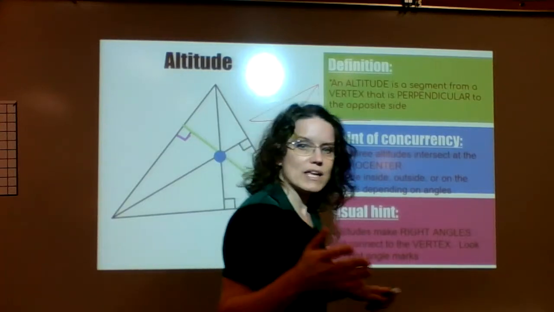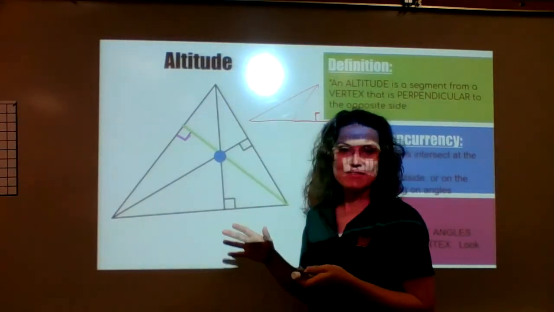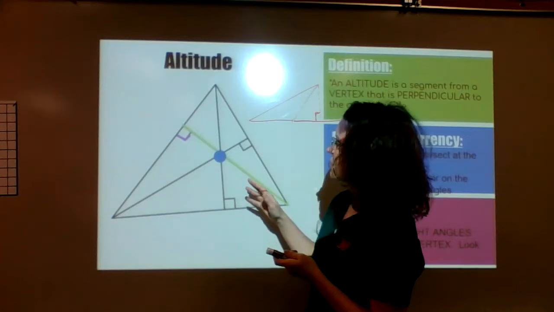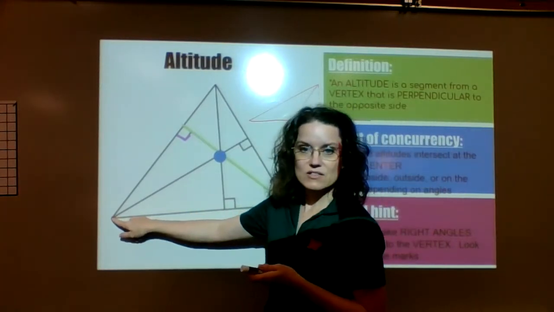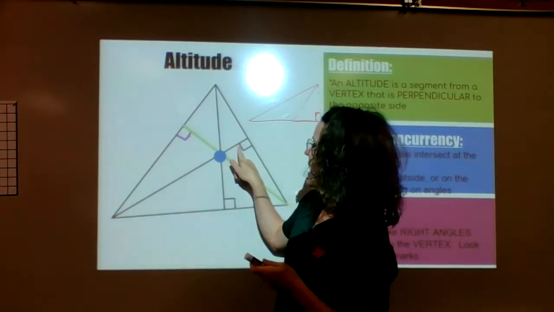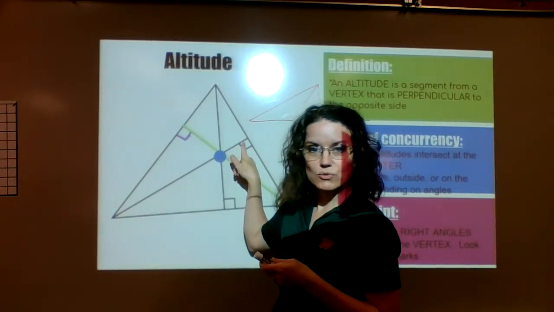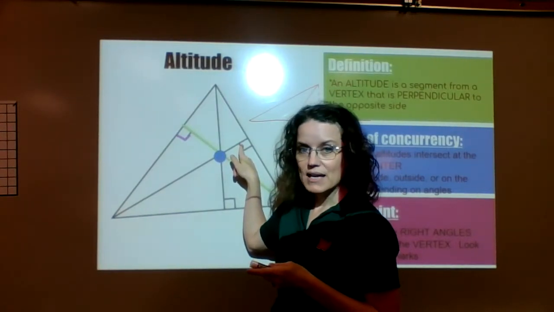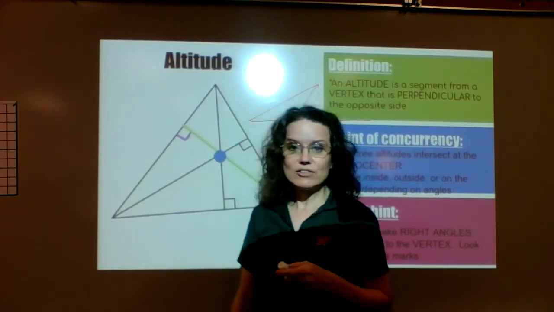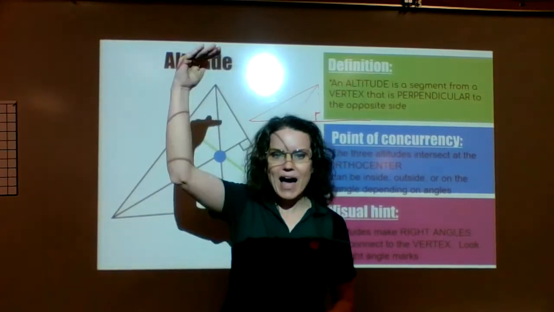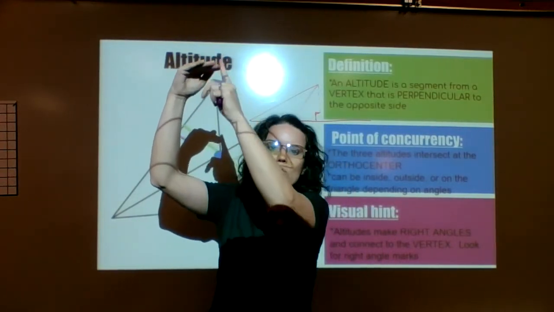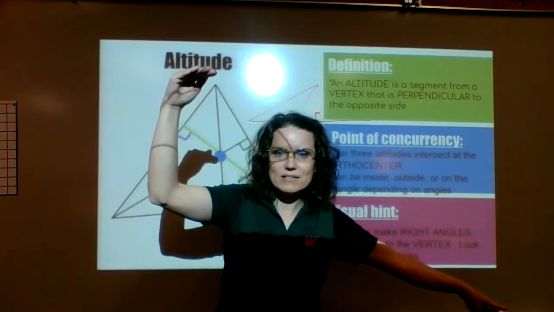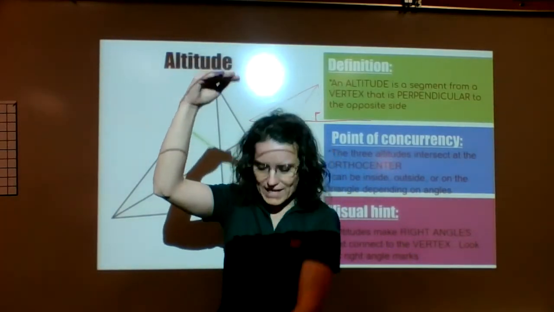And so if you're looking at a triangle and you want to know if what you have is an altitude, the thing you're going to be looking for is a line that starts at a vertex and makes a right angle. So look for these little right angle symbols and that's going to tell you altitudes. Altitudes, think about it, when you're thinking about how high something is in altitude, you don't measure its height by measuring slantwise to the ground. You always measure it at a right angle.